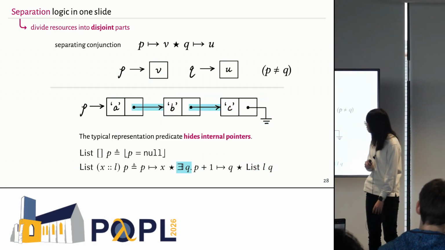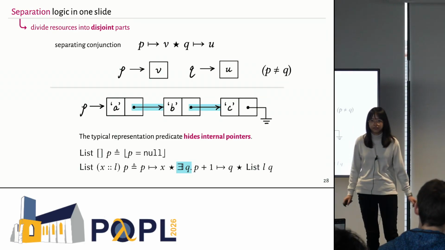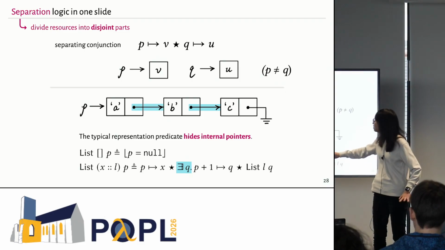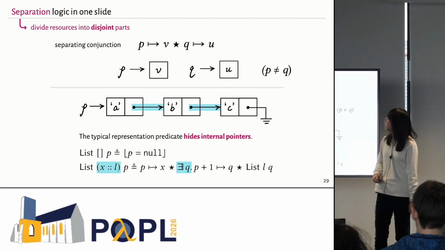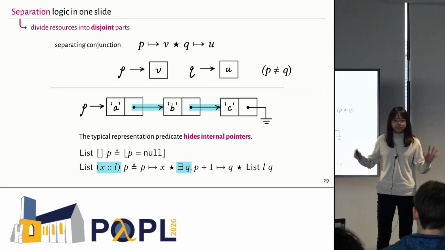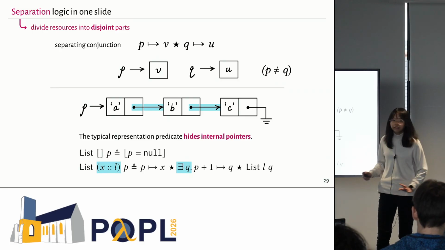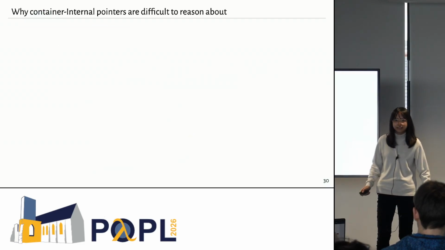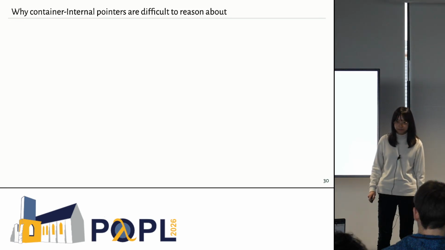We can notice that these internal pointers are hidden in the representation predicate behind the existential quantifier here. And therefore, they do not show up in the top-level logical model. This is good for modularity, but it makes these internal pointers difficult to reason about.